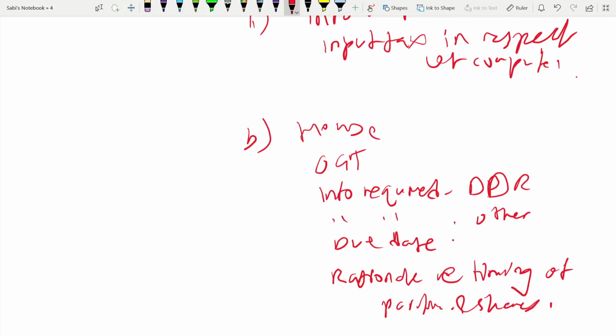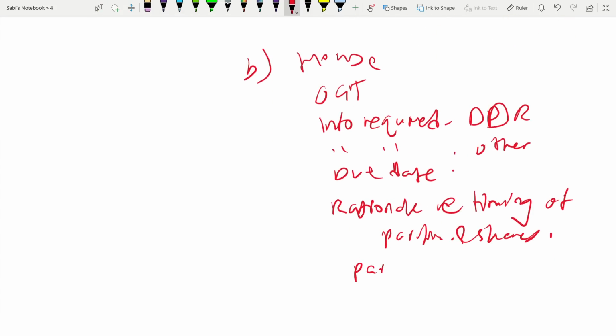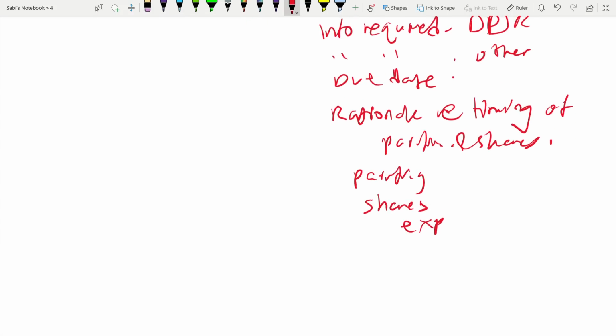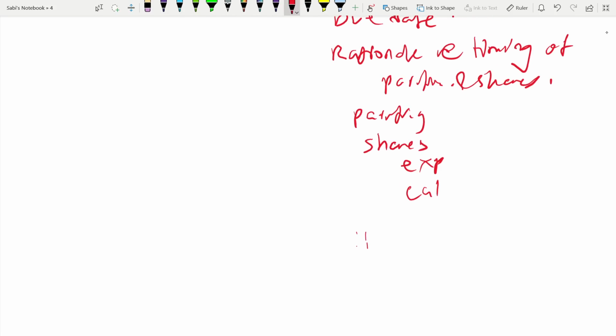So next, now you will calculate the painting, the loss on painting, and then shares. You will explain. Nothing to explain in painting, it is just a loss, and calculate. Then in the next one, you will explain and calculate.